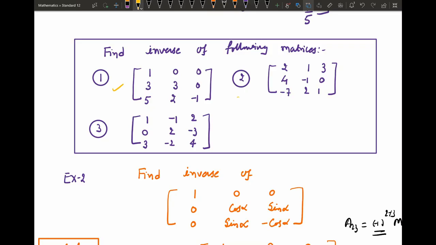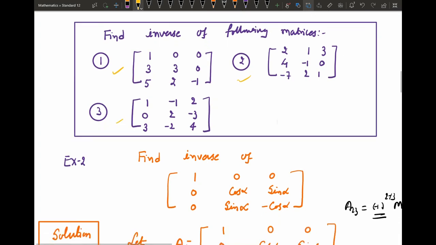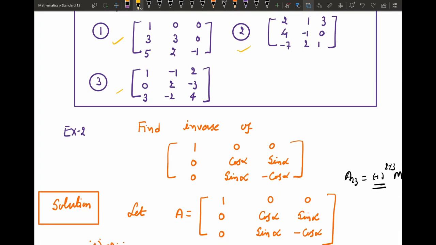So for these three matrices, give a name to the matrix, say A, and use the formula A inverse equal to adjoint A upon determinant A, and then find its inverse. First verify the condition for existence: inverse exists if and only if determinant A is not 0.